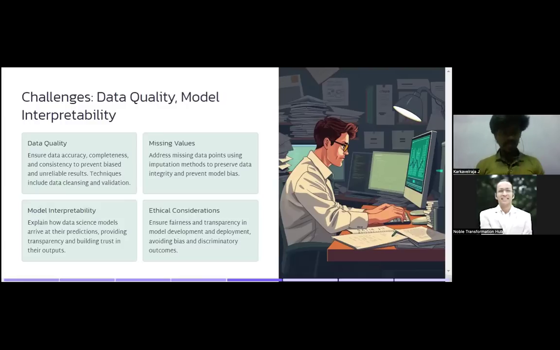First is data quality and model interpretability. Data quality ensures data accuracy, completeness, and consistency to prevent biased and unreliable results. Techniques include data cleaning and validation. Guys, this is a major concept. As sir is explaining, data is like a new age fuel.